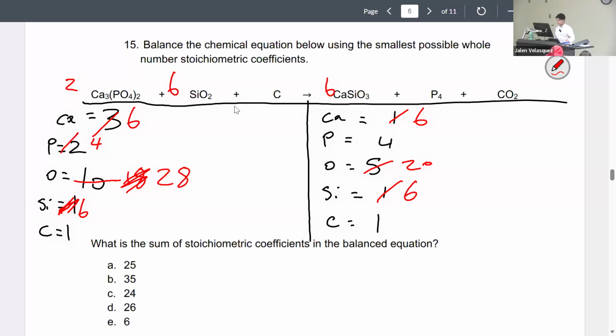Good. So let's see where we're at. Calcium is good, phosphorus is good, oxygen not yet, but the silicon is good, the carbon is good. So we've got to deal with the oxygen now, right? So what do we think we should do there?